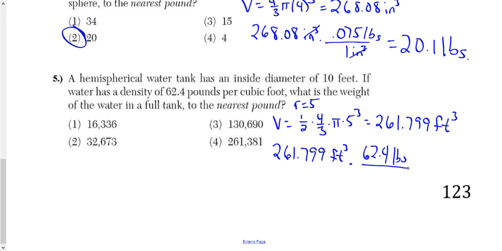So 62.4 pounds over 1 cubic foot. They cancel, and this sets up to tell us to multiply, and you should get 16,336.3 pounds, which is choice 1.